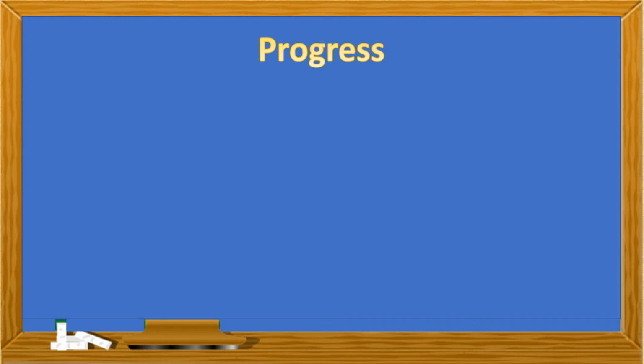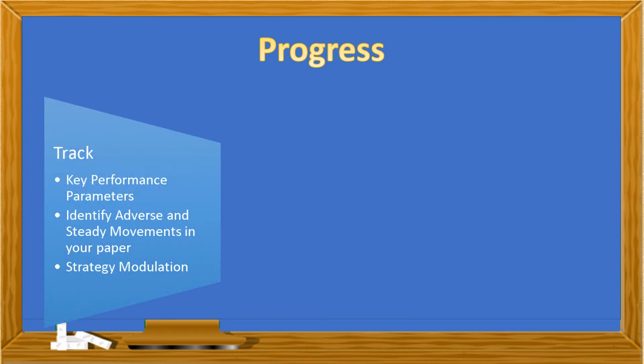Now we move on to the next P, that is progress. Keep a track of the key performance parameters as well as adverse and steady movements in your performance. Also, strategy modulation, that is application of different strategies in the initial set of mock CATs, is a very important technique to identify what strategy works for you in the best possible manner.